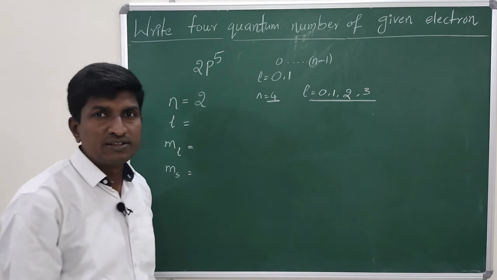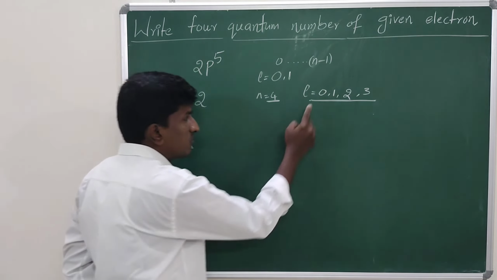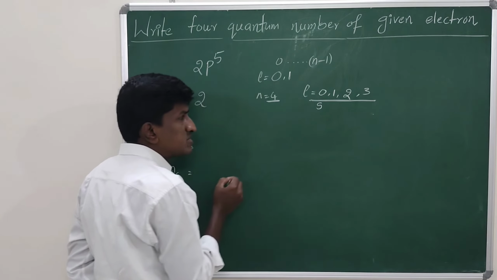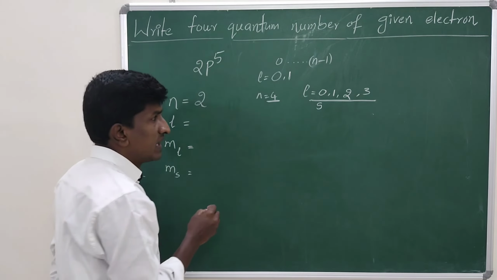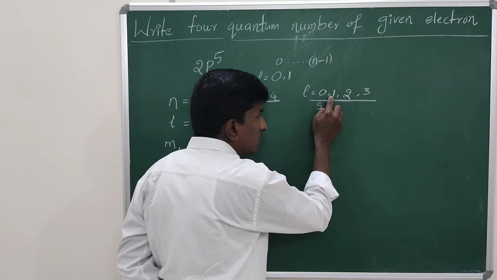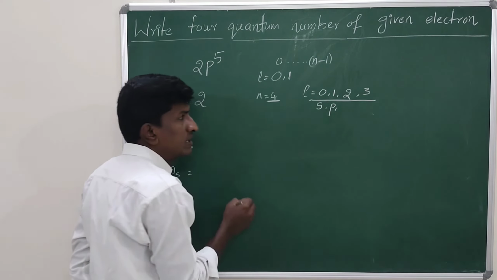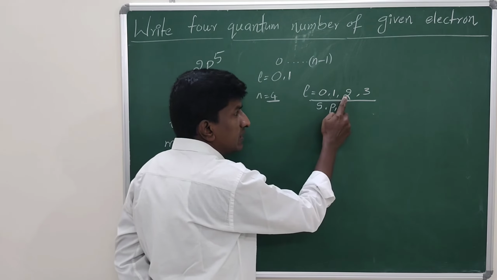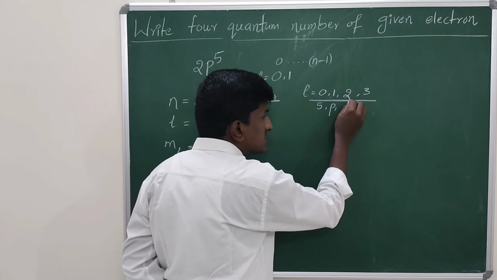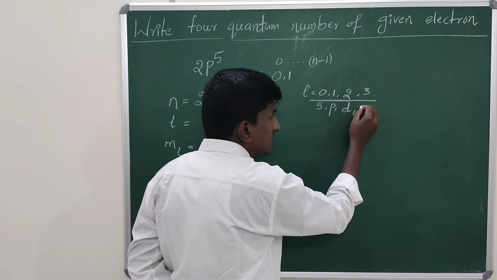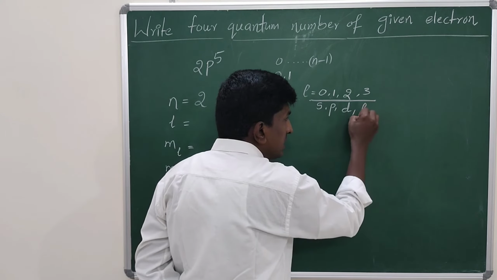If L equals 0, the subshell is s, if L equals 1, the subshell is p, if L equals 2, the subshell is d, and if L equals 3, the subshell is f.